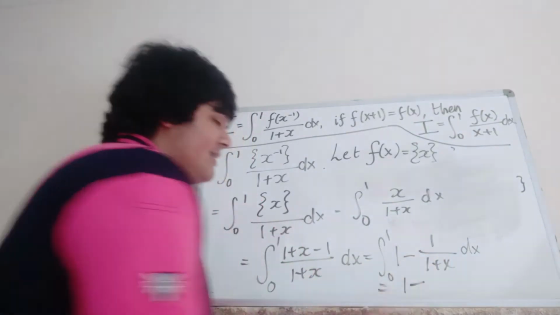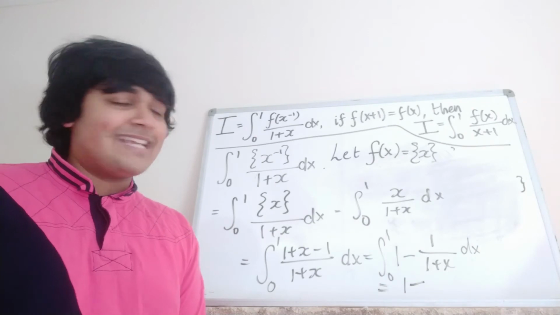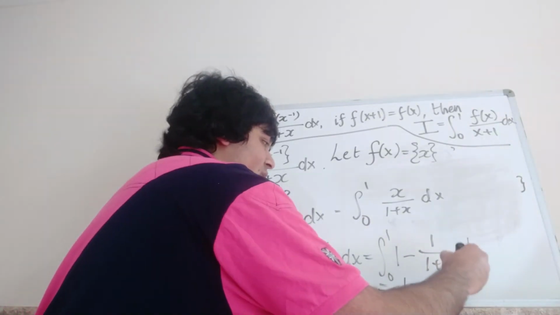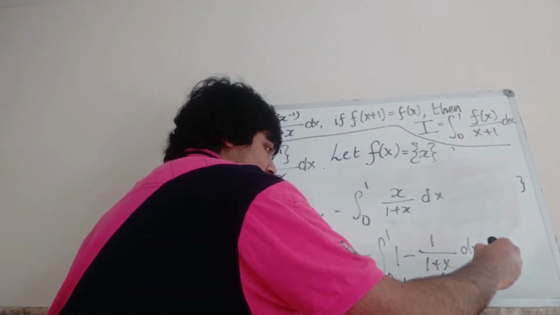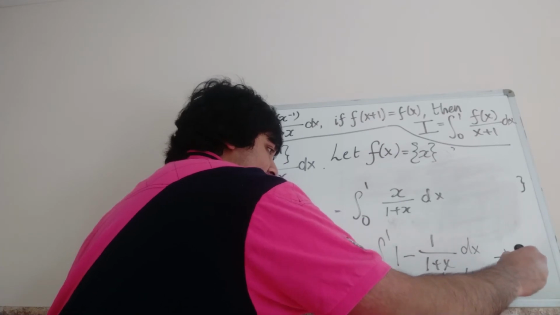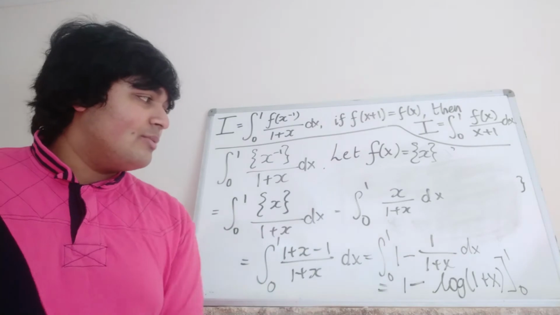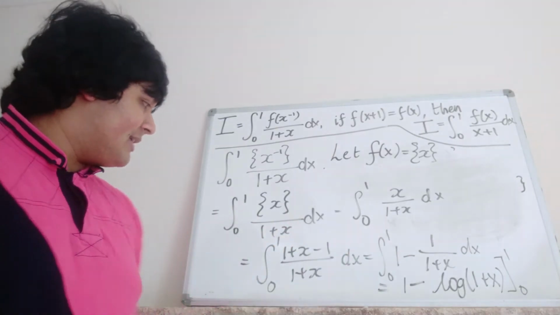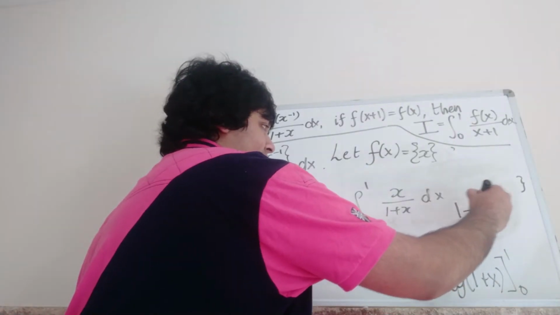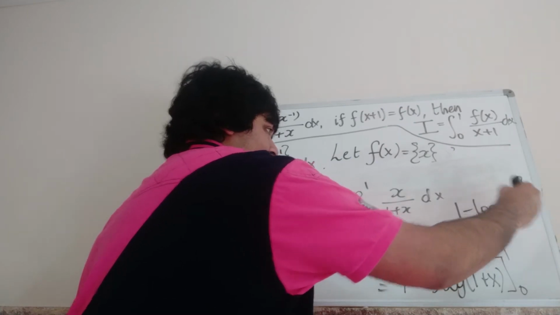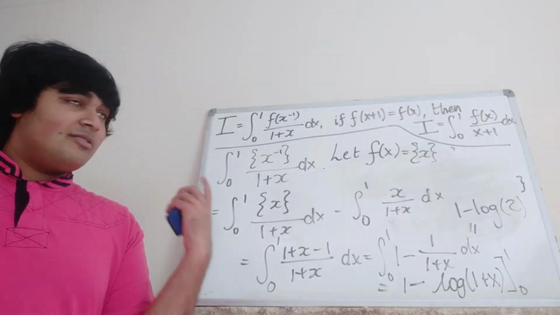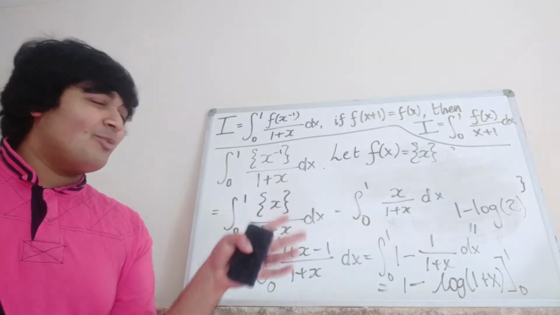And then we get a minus, and the antiderivative of 1 over 1 plus x is the natural log of 1 plus x, evaluated from 1 to 0. Obviously, when we plug in 0, we get log of 1, which is 0, and when we plug in 1, we get log 2. So this is 1 minus log 2. Let's just write it there. Okay, so that's our solution for the first part of part 2, the somewhat easier integral.